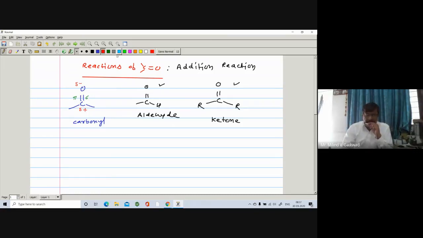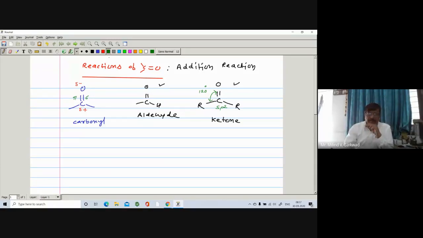The carbon is sp2 hybridized, so the internal bond angle is 120 degrees, and it is planar in nature, meaning all the atoms R, carbon, O, and R are in the same plane.